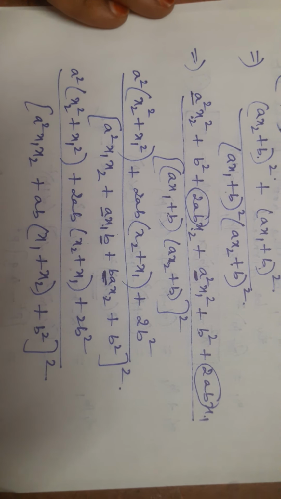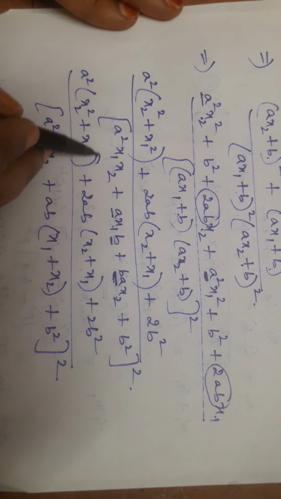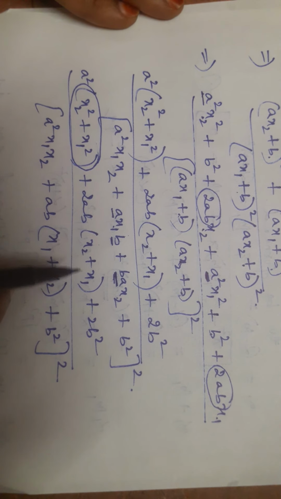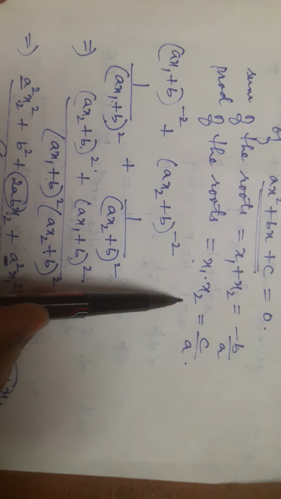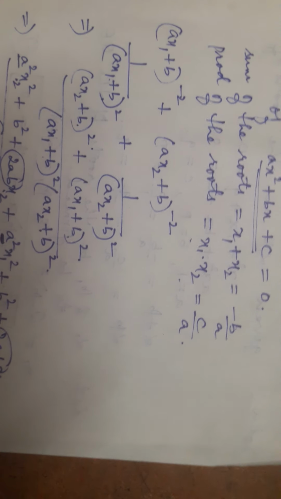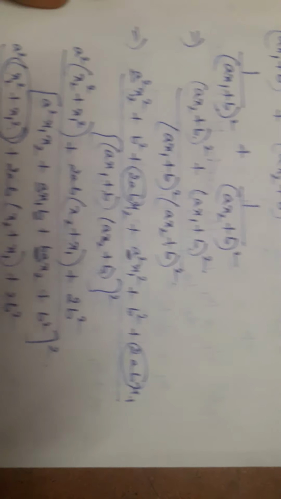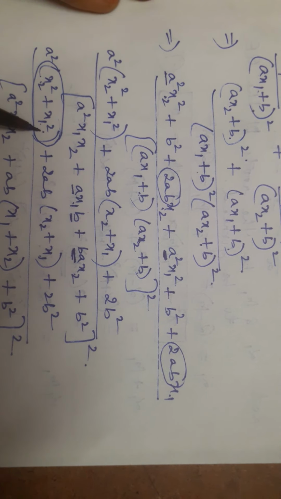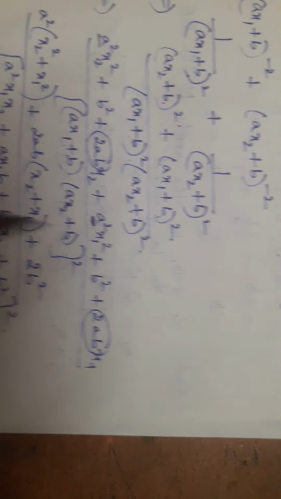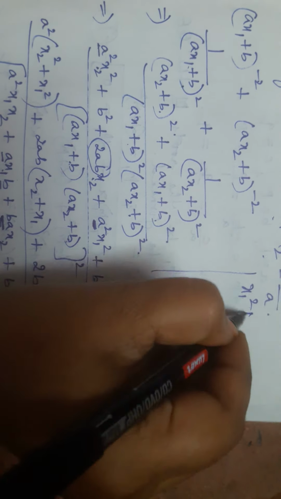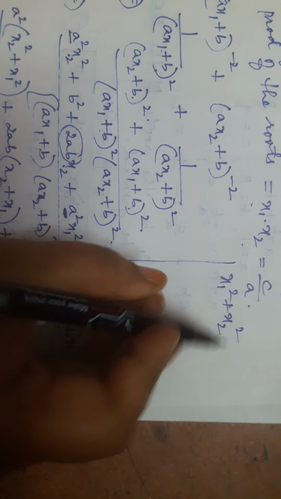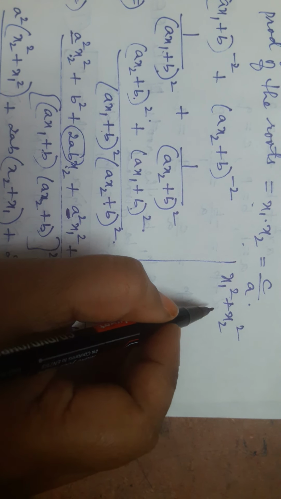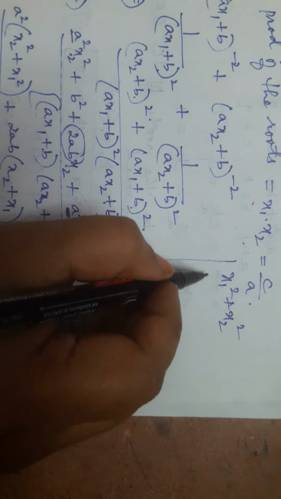So to write my final answer, I need to know what is x1 square plus x2 square, and x1 plus x2 I already know it is equal to minus b by a, and x1 into x2 is c by a. So we need to find the value of x1 square plus x2 square. This is like alpha square plus beta square. We know alpha square plus beta square equal to (alpha plus beta) whole square minus 2 alpha beta.